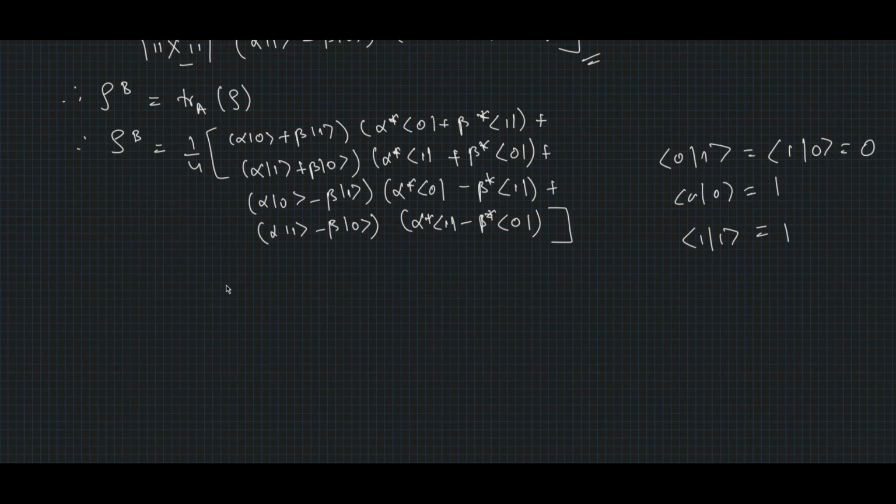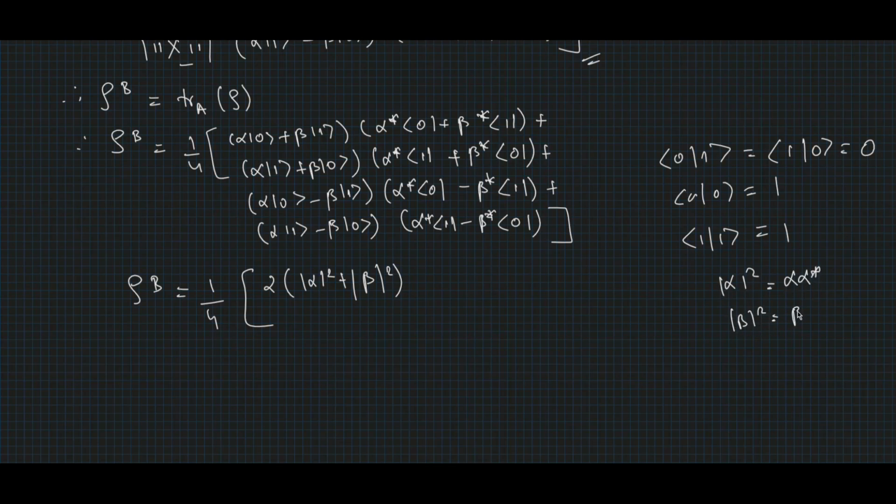So, finally, after simplifying, we get rho b equal to 1/4 times (2 alpha square plus beta square), where alpha square is alpha into alpha star and beta square is beta into beta star, into the outer product of 0, plus (2 alpha square plus beta square) into the outer product of 1, where the rest of the outer products except 0, 0 and 1, 1 would be 0.